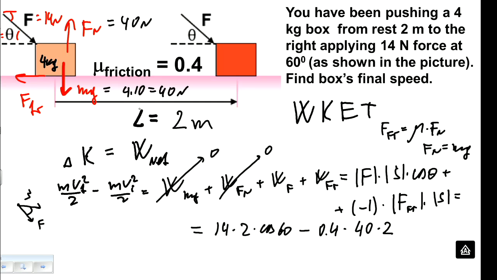So, because the motion starts from rest, there is no initial velocity, so we should write 4 times final speed squared divided by 2 is equal to 14 minus, what is it, 4 times 4.